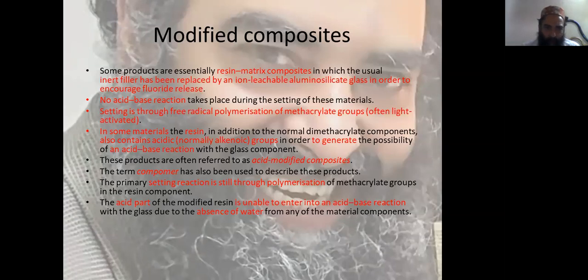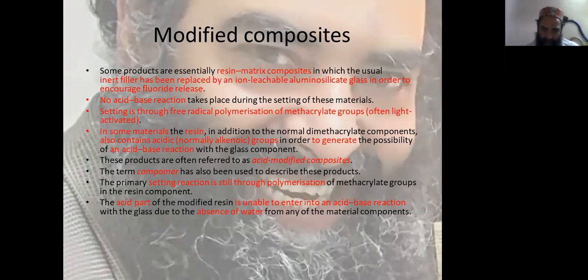But no acid-base reaction takes place during the setting of these materials, because resin matrix composites, as we all know, have a setting reaction of free radical polymerization type, obviously of methacrylate groups, and usually these are light activated. Chemical activation is also there.